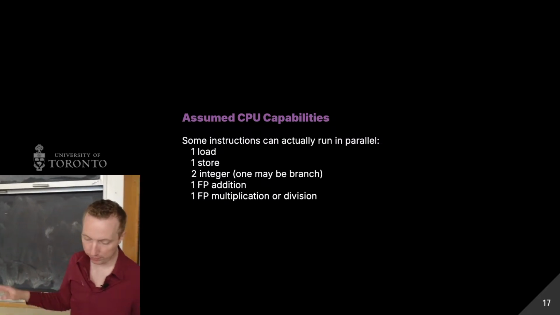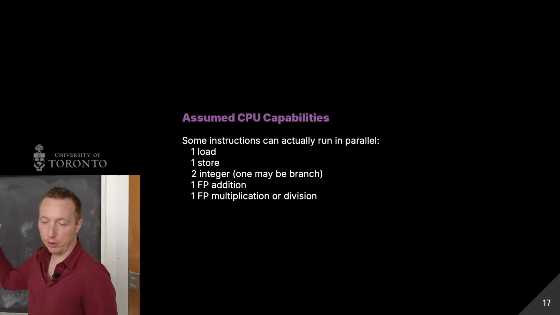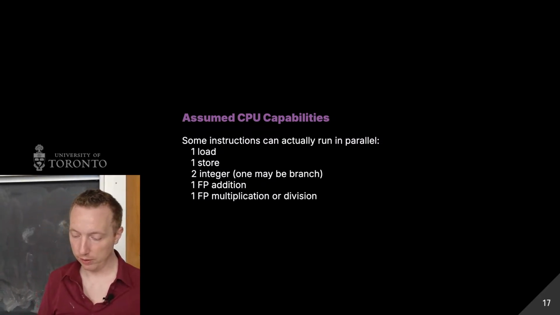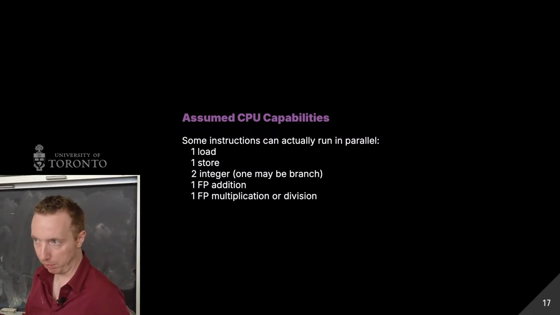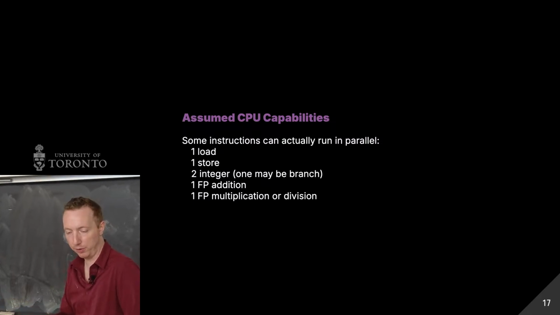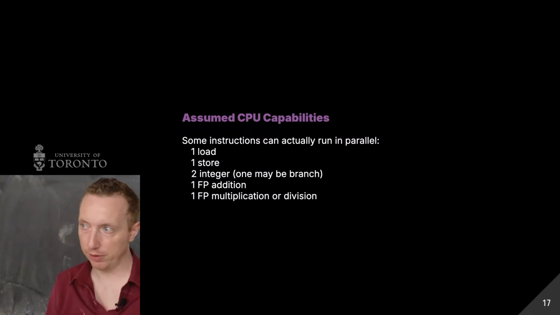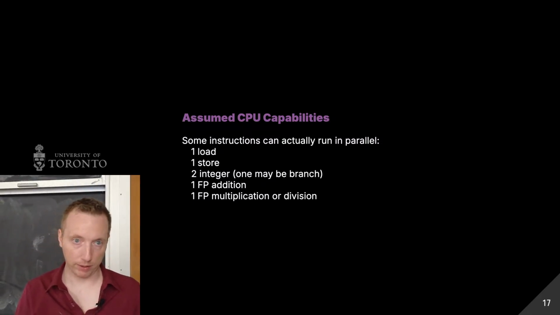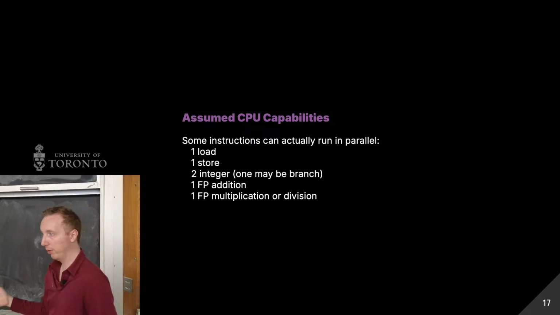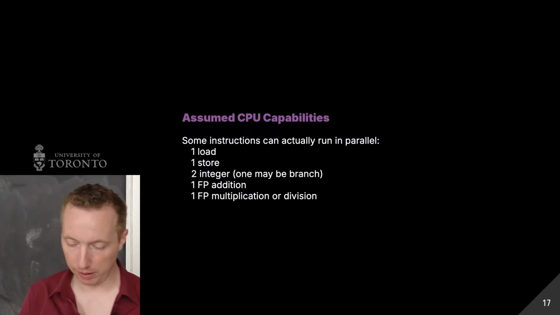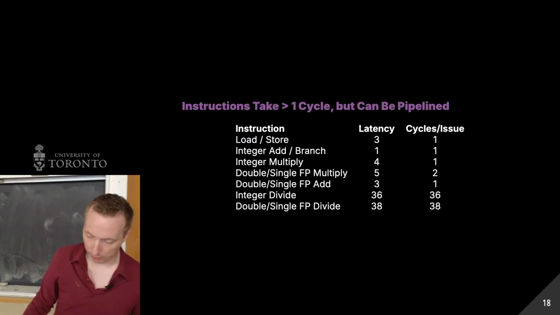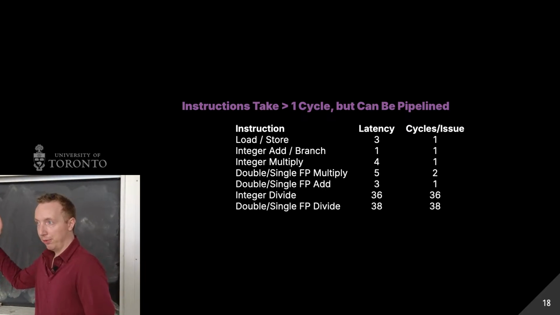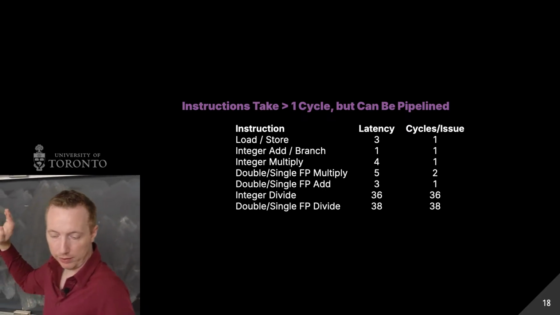For instance, I might be able to do 1 load, 1 store, up to 2 integer operations, 1 branch, and then 1 floating point operation, 1 floating point multiplication, all at the same time. If I can actually overlap them, then that's part of my super-scalar and actually executing very, very quickly. Remember, pipelining is our friend. Most of these things can be pipelined.